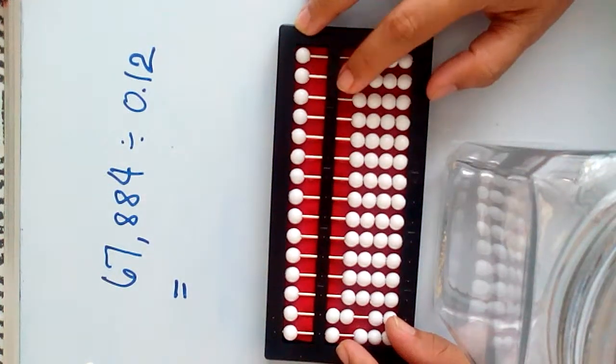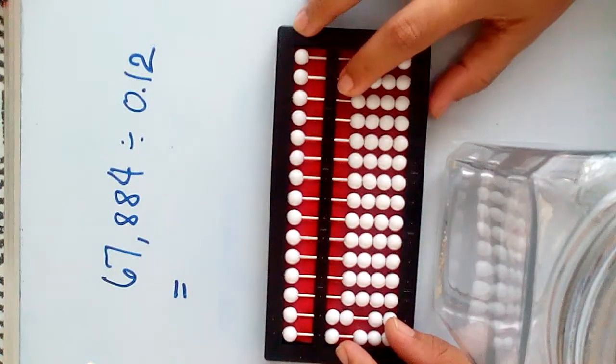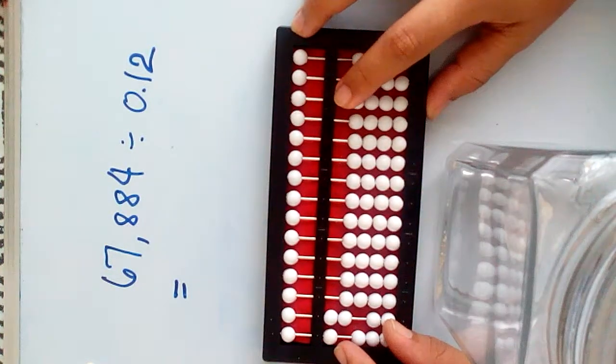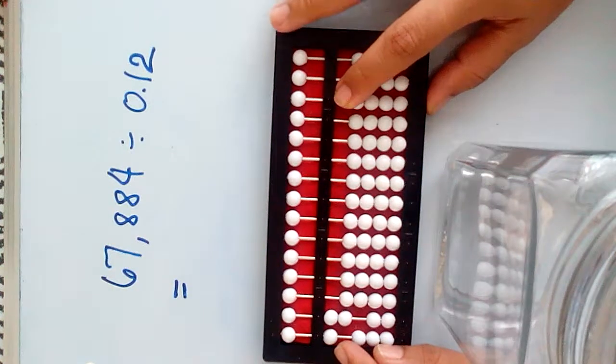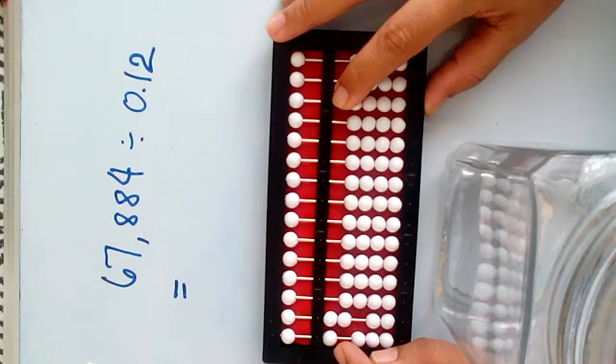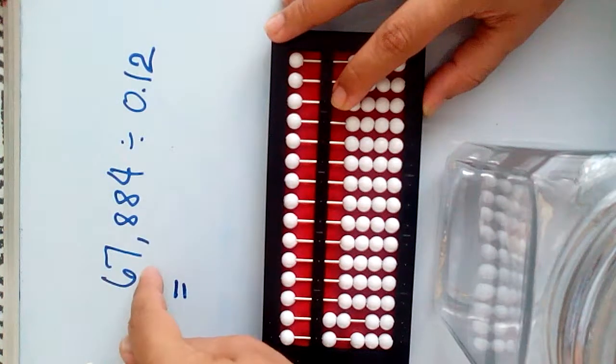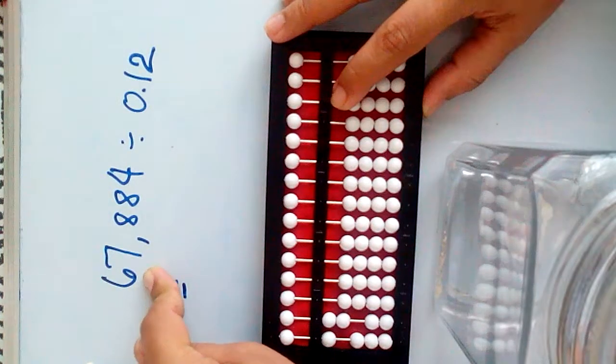So, first rod and second rod from the right are zeros, and then to be followed by the dividend, 67,884. For easier setting, the highest place value is 10 thousands.